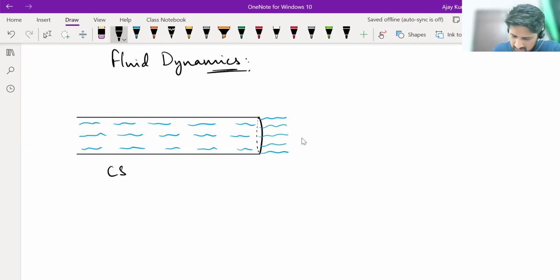Suppose the cross-sectional area of this tube is capital A and the fluid is flowing through it with a speed V. Or to describe the situation better, let's say fluid is coming out of the pipe with a speed V, right? And let's say the density of the fluid is rho.